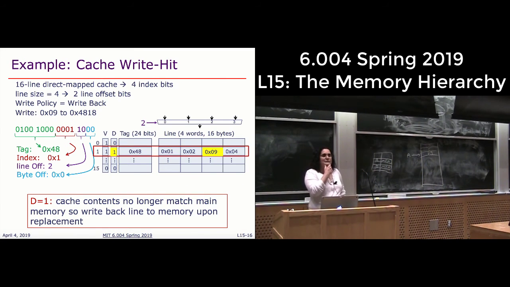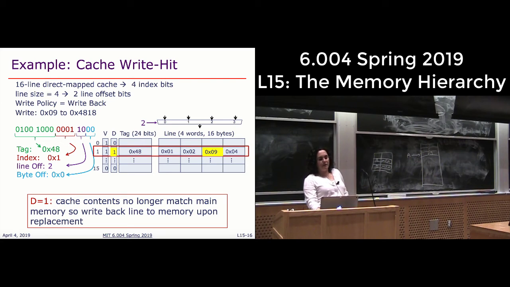All right, so let's take a look at a couple examples of how we actually perform a cache write. So suppose that I have this example where I have a 16-line direct mapped cache. That means I have 4 index bits, and I have 4 words per line, so I have 2 line offset bits, and my write policy is write back.